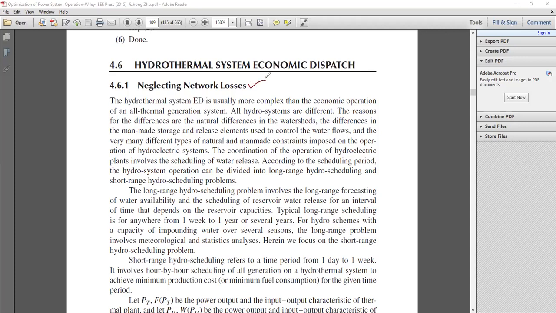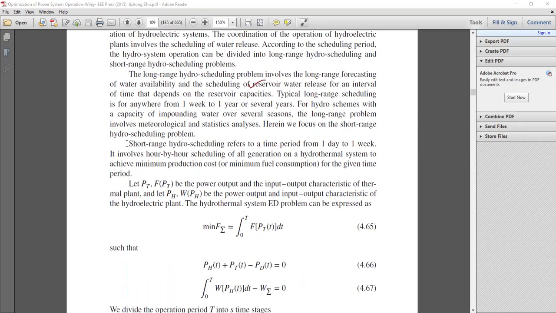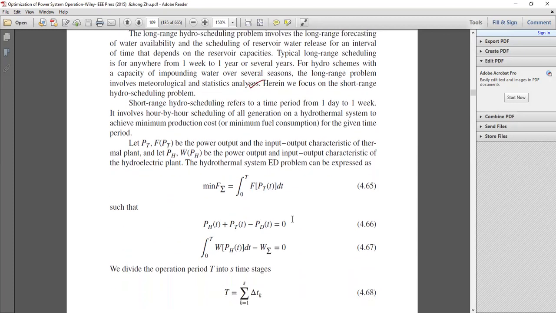So this was the starting topic, and after some basic discussion on hydrothermal scheduling, the necessity of hydrothermal scheduling, we went on to the modeling of the short range hydro scheduling, and we covered equation 4.65, which was our main objective function, because as we mentioned, in the hydrothermal there is no fuel cost involved.